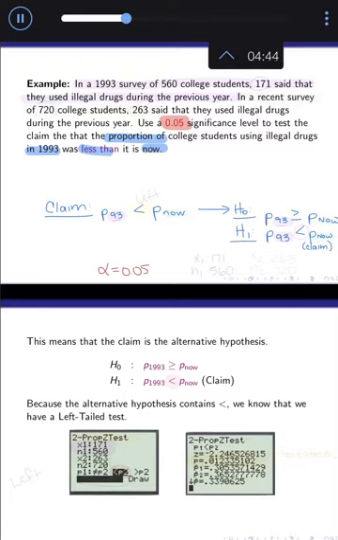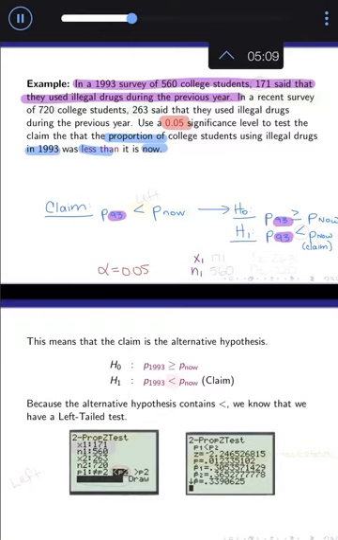They also gave us two proportions. They gave us one for 1993, and that's the one I want to use first because that's the one I mentioned first in my claim, my H0 and my H1. So that's going to be my X1 and N1 because it's my first set of information.